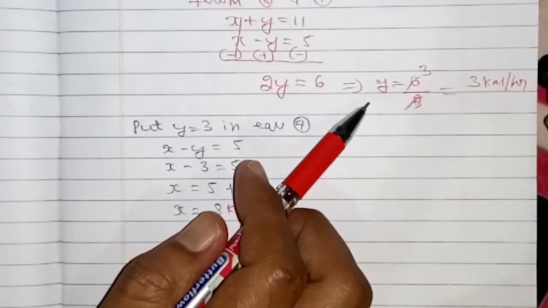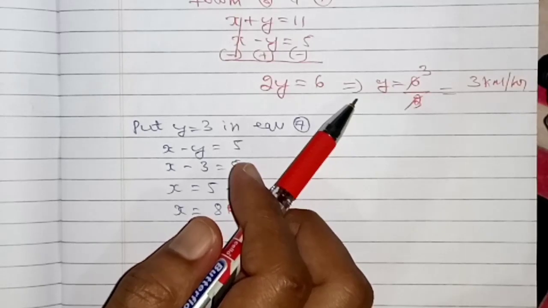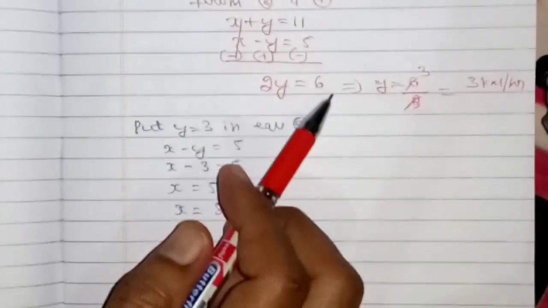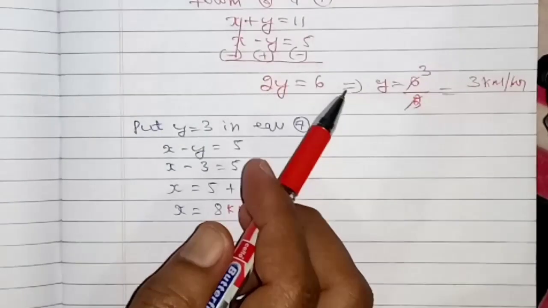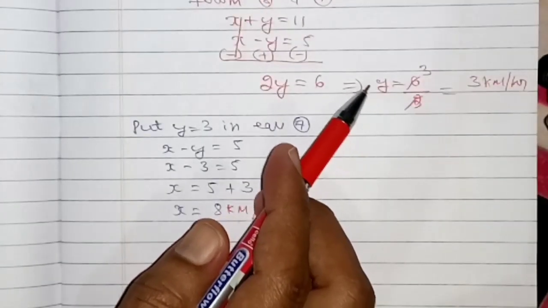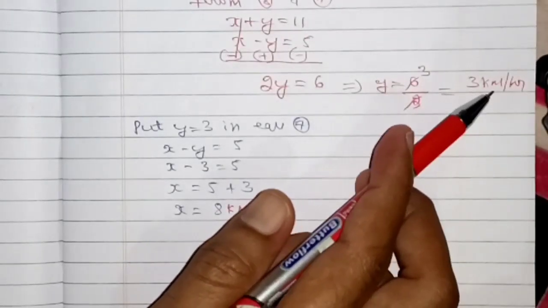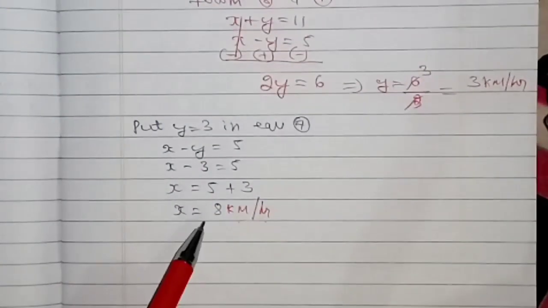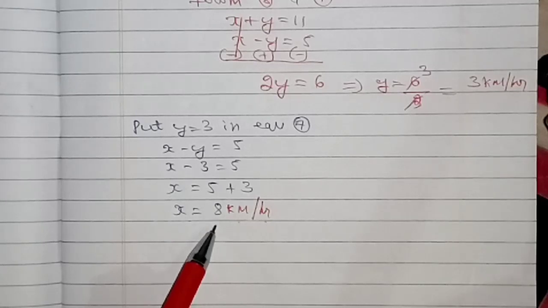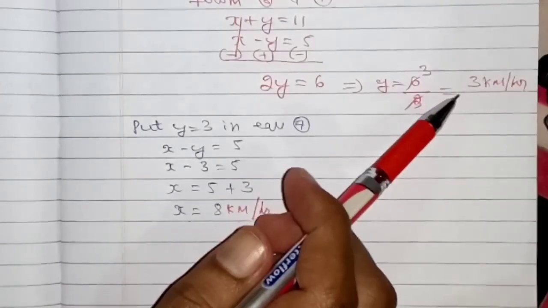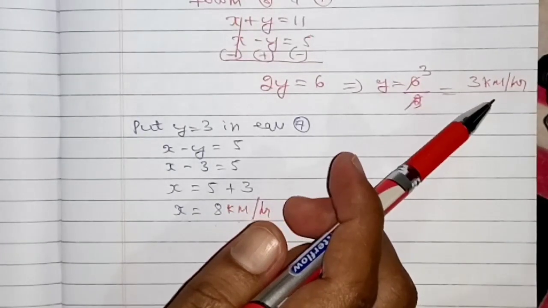And y we have called as the speed of a stream, nothing but the rate of speed at which the water of the river flows. That we have written as y, right? So y is equals to 3 kilometer per hour. So speed of a boat is 8 kilometer per hour and speed of a stream is 3 kilometer per hour.